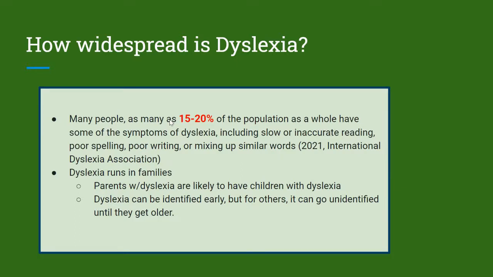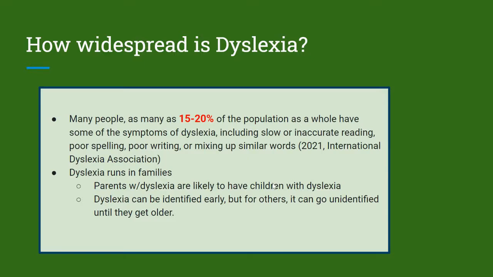Dyslexia runs in families. So if you're in a conference with a family member and they share with you that they had dyslexia or they have a sister with dyslexia, that is something to pay attention to because, like I said, parents with dyslexia are likely to have children with dyslexia.